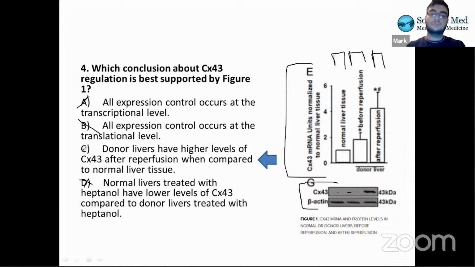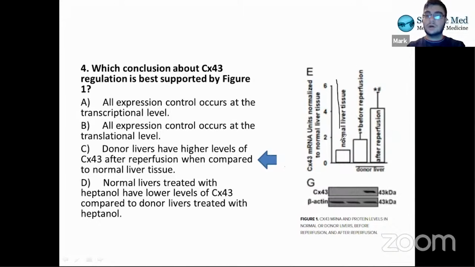C is much easier to see. Donor livers have higher levels after reperfusion compared to normal liver tissue. This is normal liver tissue, right? This whole column. Actually, I'll do this. This is normal liver tissue, and this is after reperfusion, right?